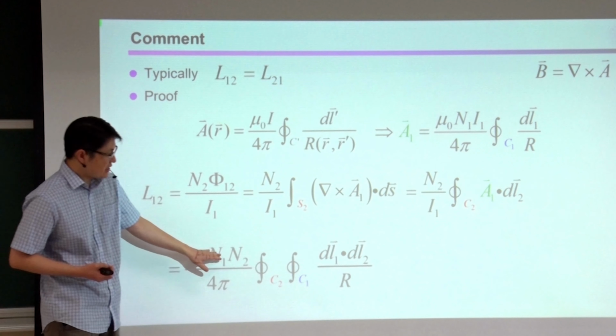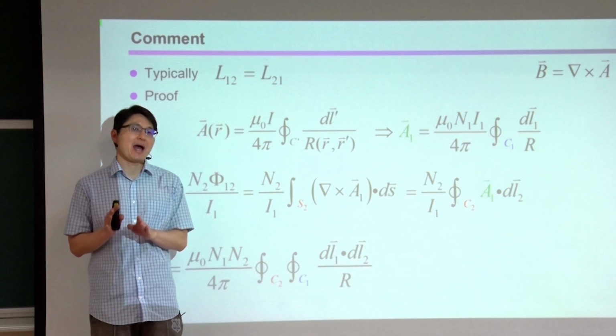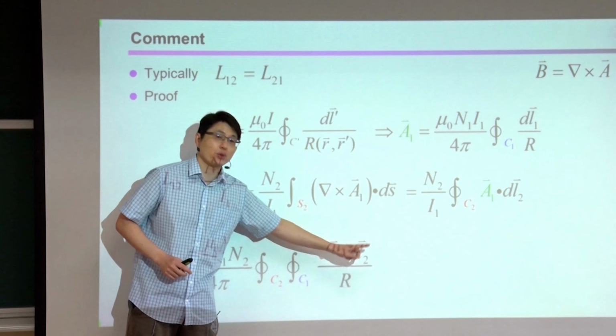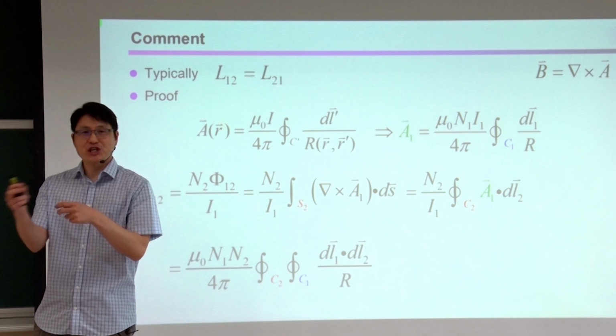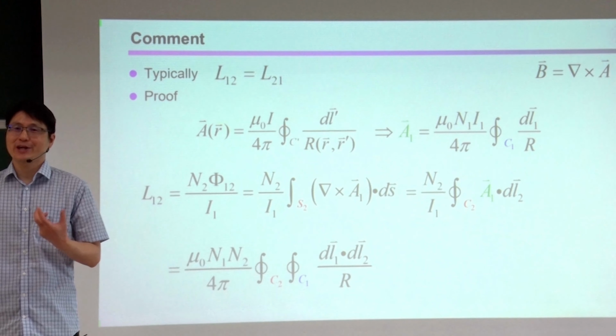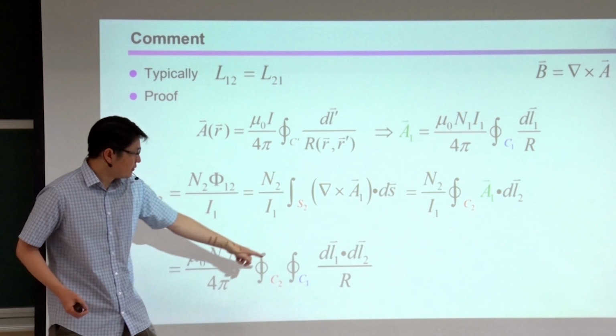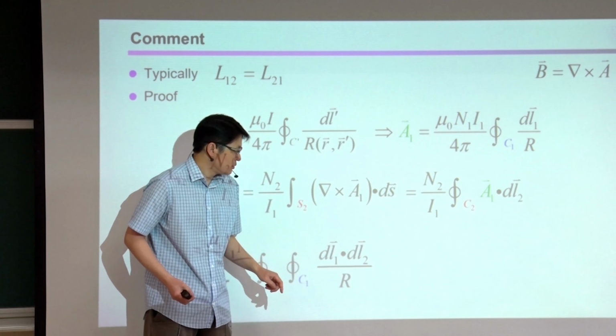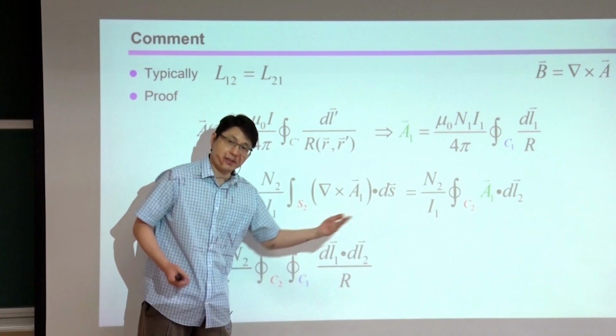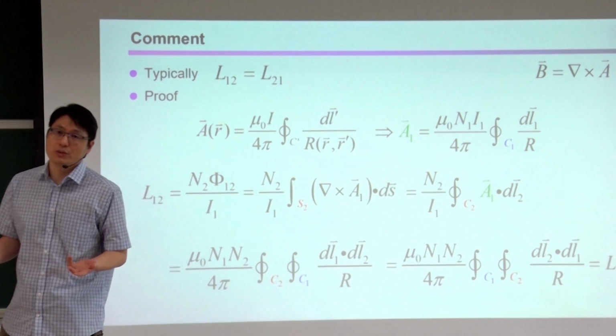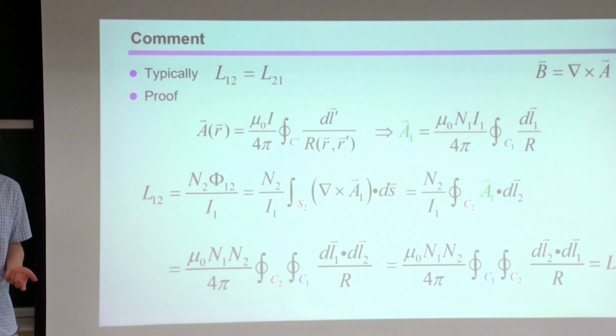So once you see this formulation, you will be very happy. Why? Because dot products are interchangeable, right? You don't really care which one goes first. dl1 dot dl2 is equal to dl2 dot dl1, right? So why don't we switch the order?